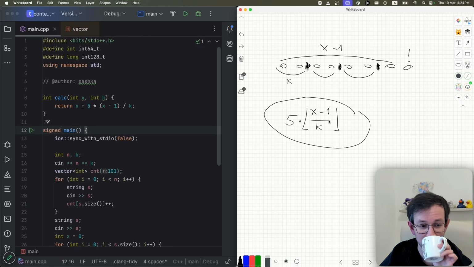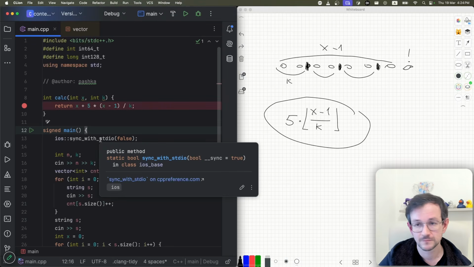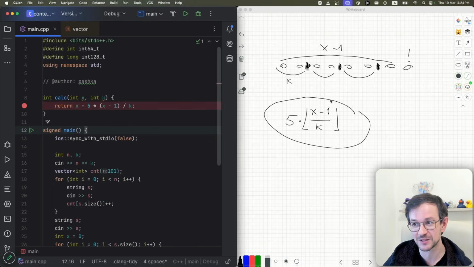No, come on, think. This line is incorrect. So this line doesn't do what I expected it to do. I expected it to do this. It doesn't. It does something different.